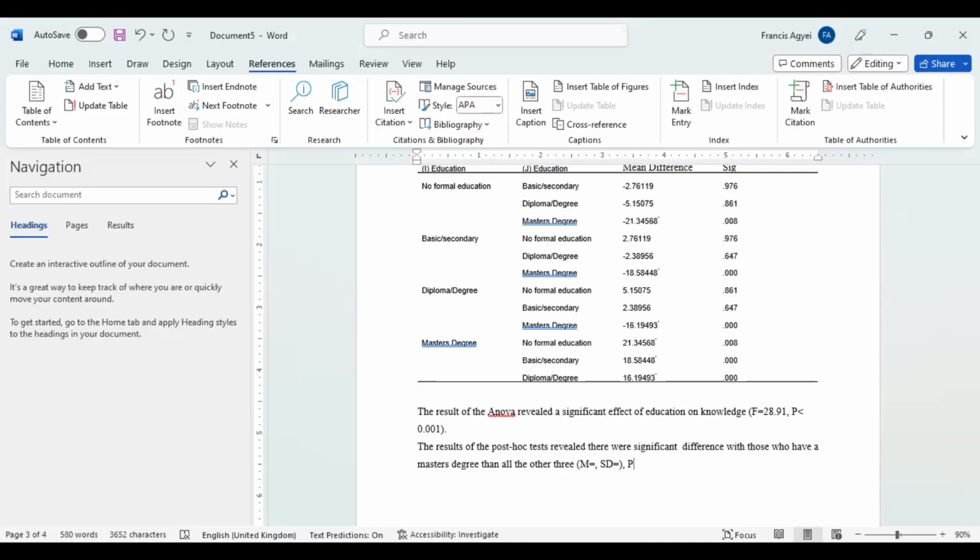P was less than 0.001. Can also bring the F value here. So the F is equal to 28.91.